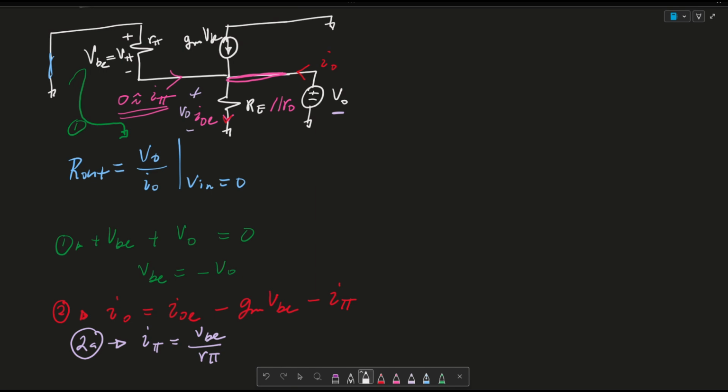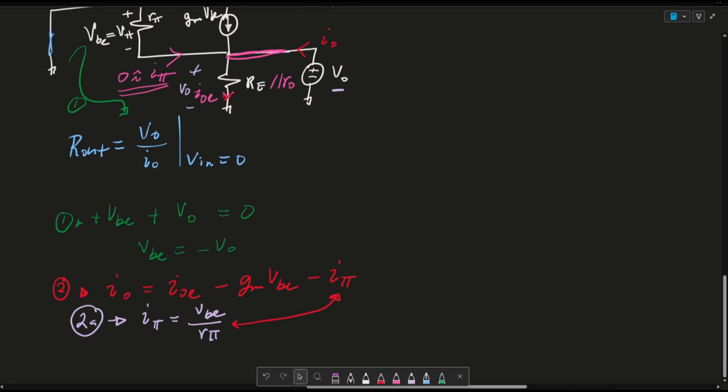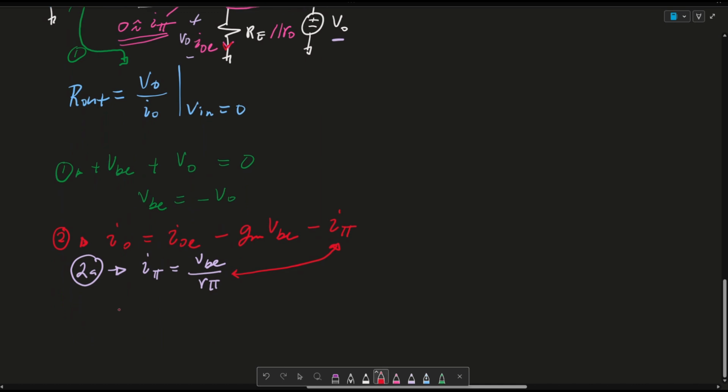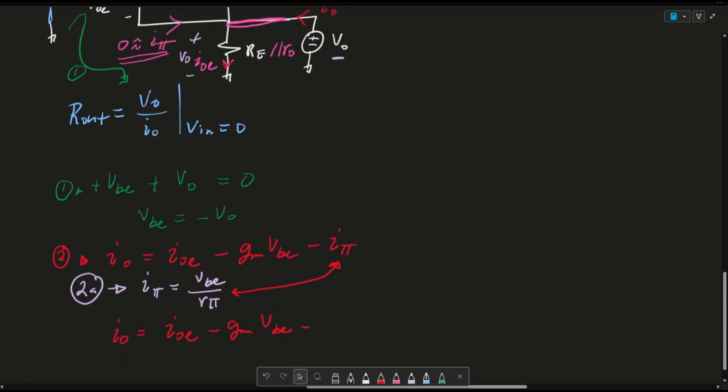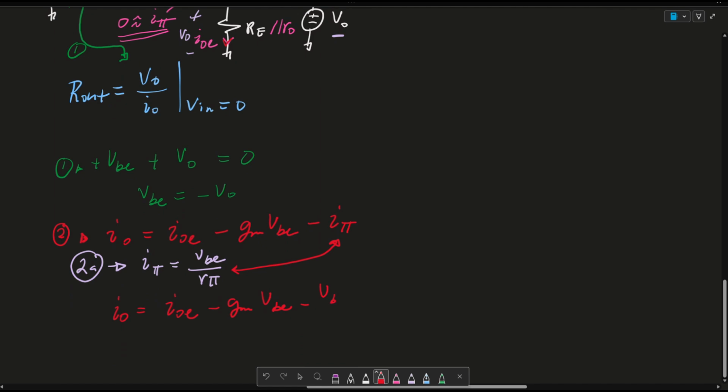So then IO is equal to IOE minus gm VBE minus I pi, or minus VBE over R pi.